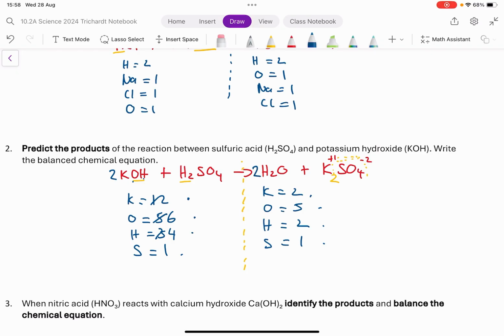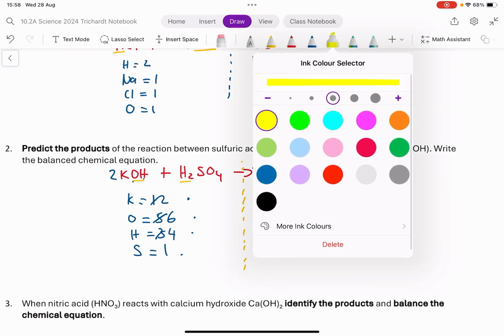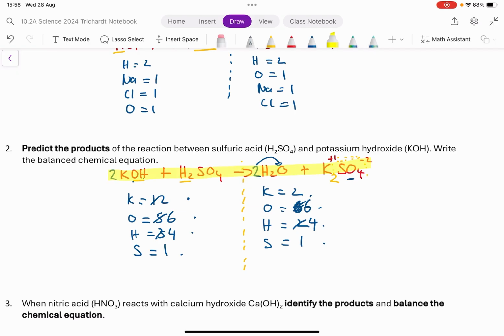That now means I've got 2 oxygens here and 4 on the right-hand side here. So this changes my oxygen total to 6. And it also means 2 H2s, which means actually 4. And just like that, the whole equation is balanced. So this will be my fully balanced chemical equation.